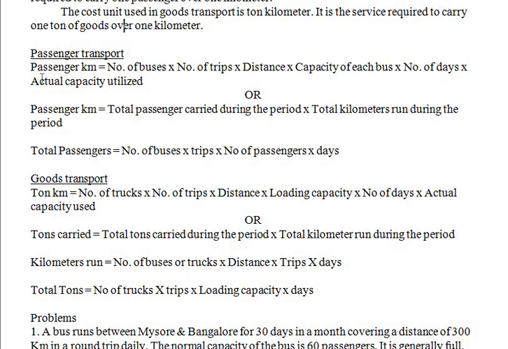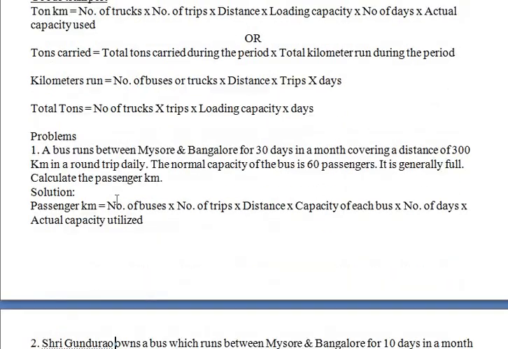Important is, under passenger transport, the first formula. Under goods transport also, the first formula is important. Usually questions will be on these formulas. We will see one small problem on this. A bus runs between Mysore and Bangalore for 30 days in a month, covering a distance of 300 kilometers in a round trip daily.